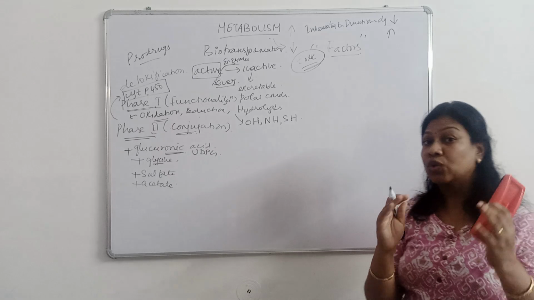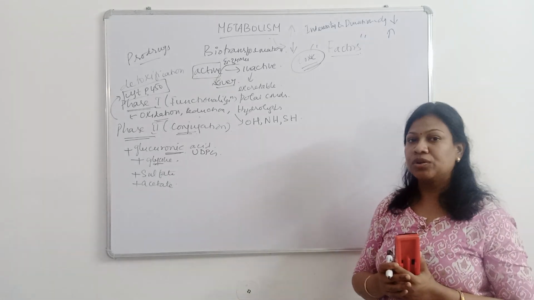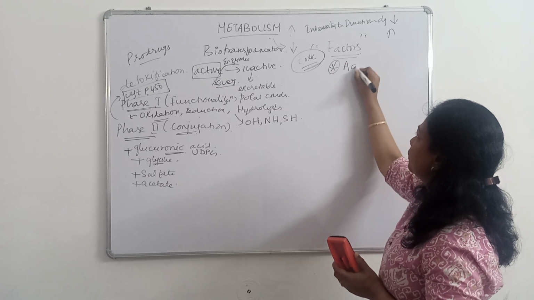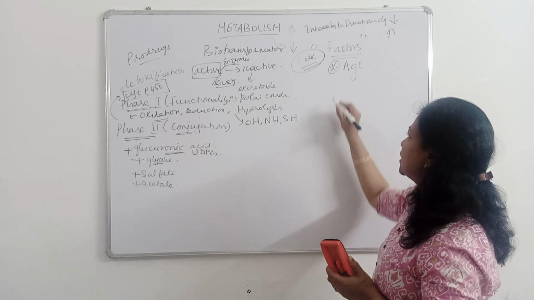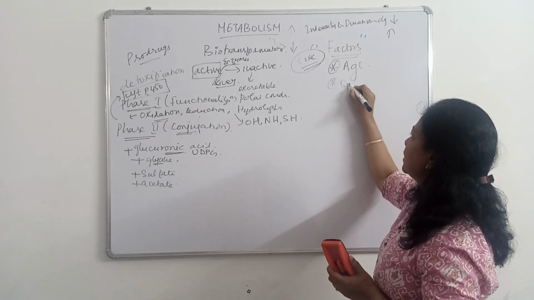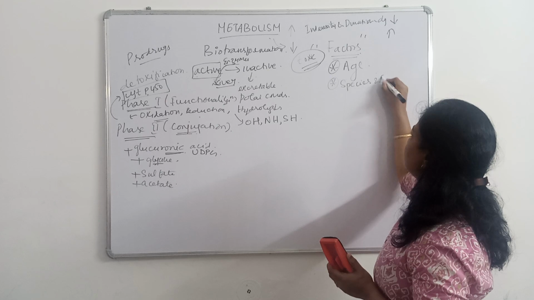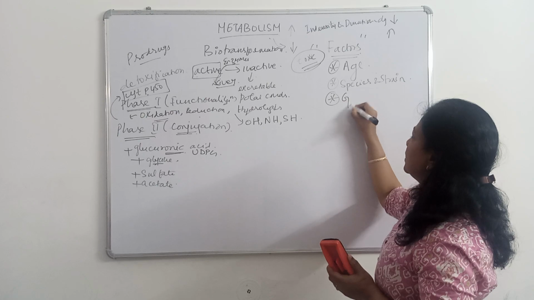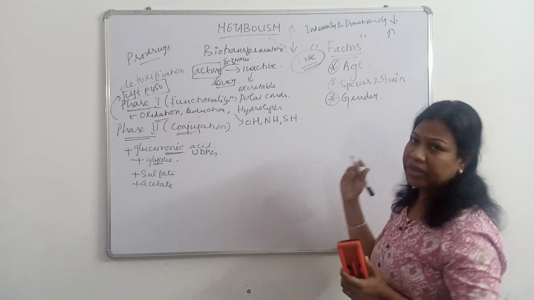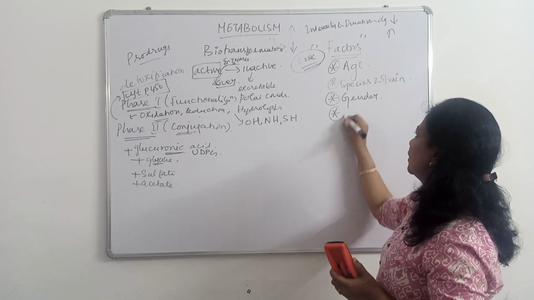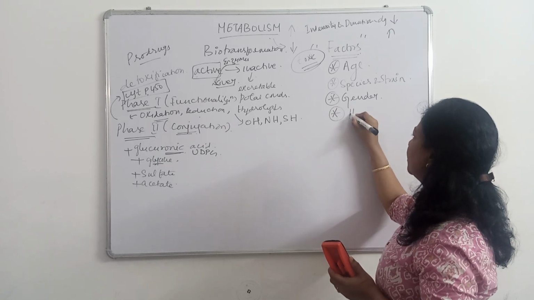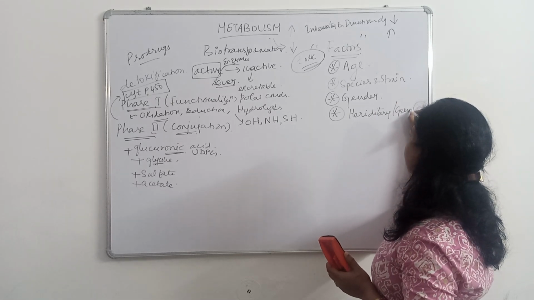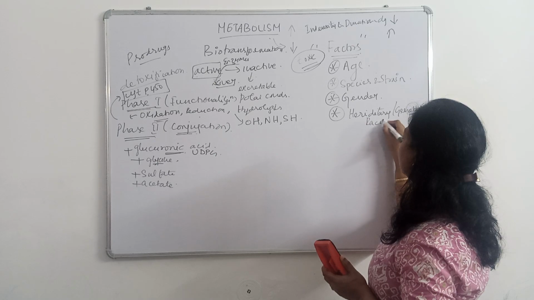So we have to consider all the factors which are going to affect the metabolism of drugs. Let me list out these factors. First is the age, and then next is the species and strain, and then the gender or the sex, either male or female, having an effect, and then of course the hereditary factor or the genetic factor or the racial factors.